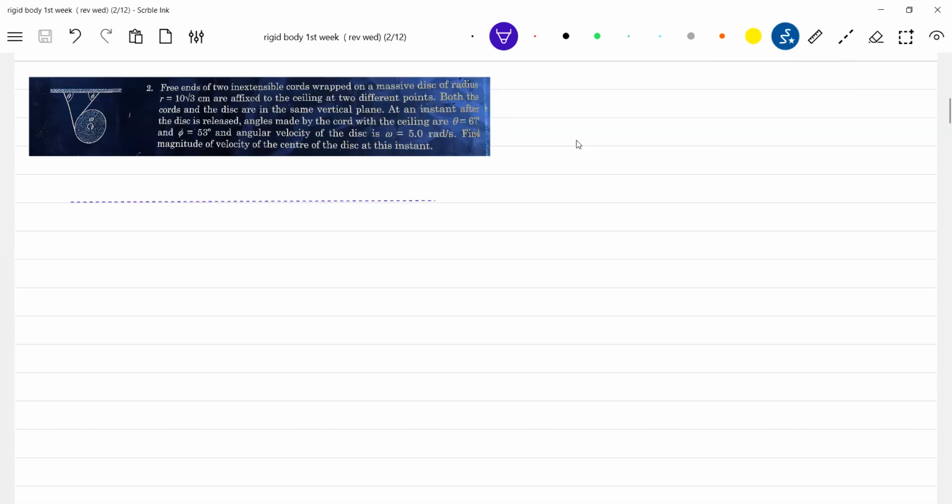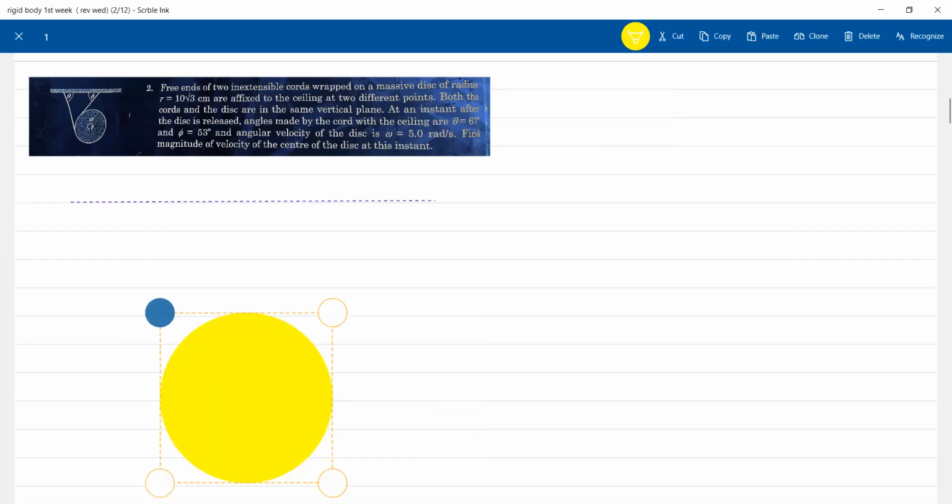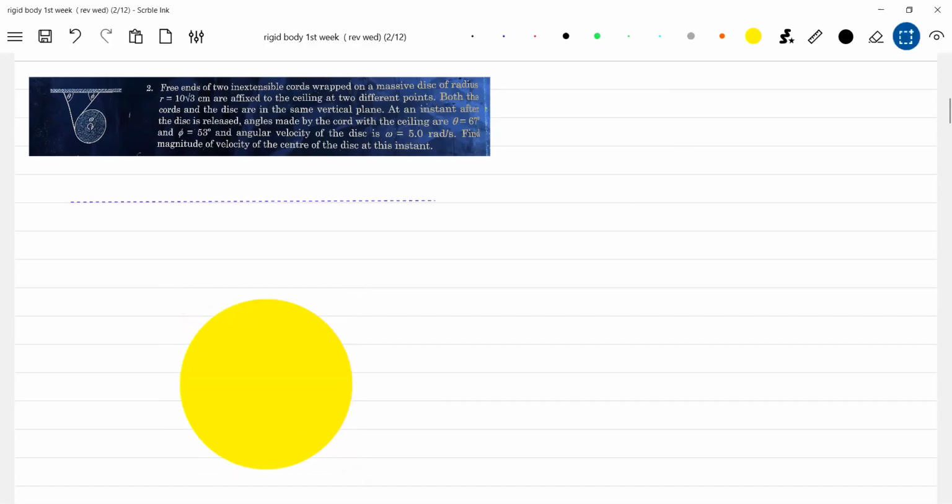Just only the constraint equation is what you should get properly. It's a disk of radius r. Okay, we have strings. One string is attached here.